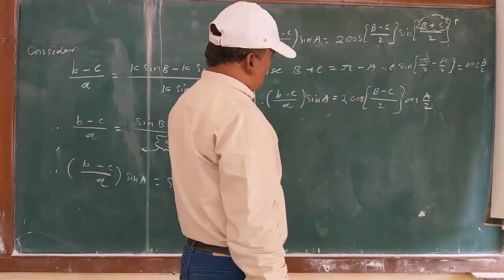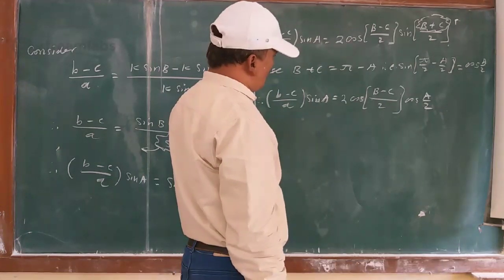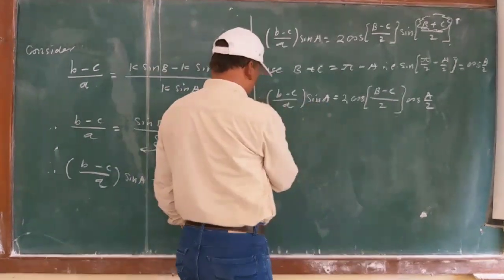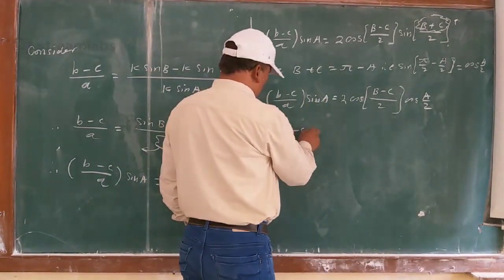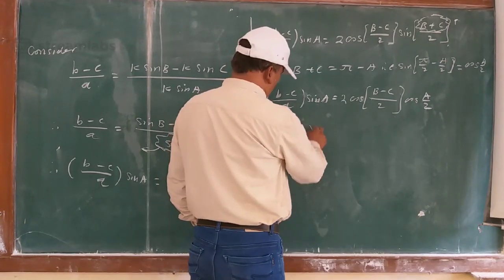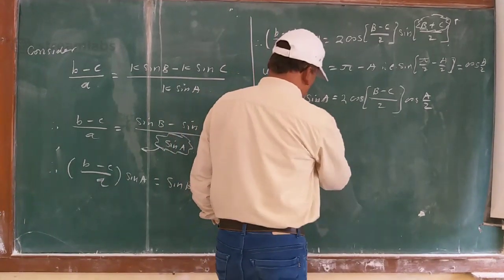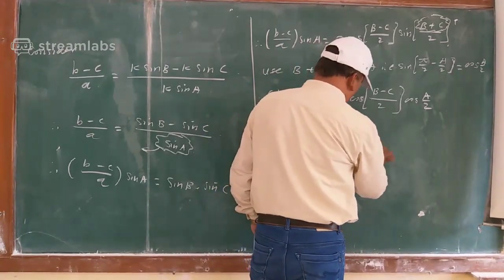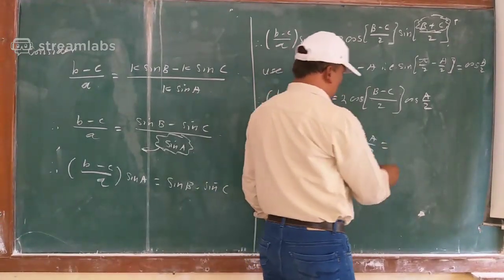But now see again what happened. See this part, (B minus C) upon A, 2 times sin A by 2 cos A by 2, the half angle formula is used.